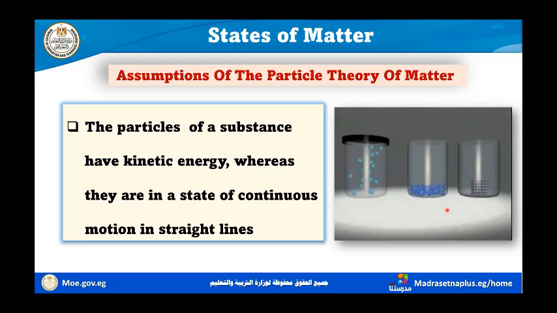In the liquid state, the particles have wide interparticle spaces. In the gaseous state, the particles are very far apart from each other, with very large distances between them, and this will affect the motion of each state of matter, as we are going to observe.